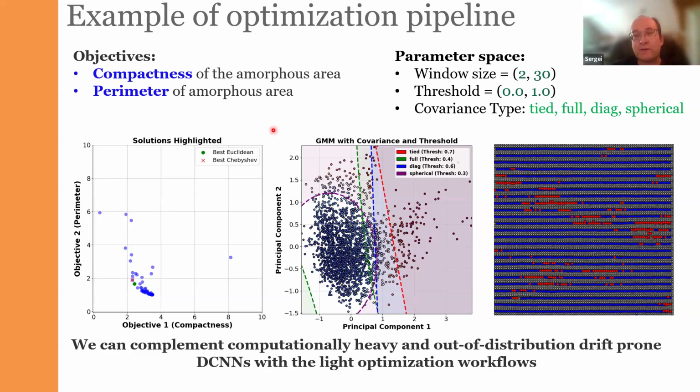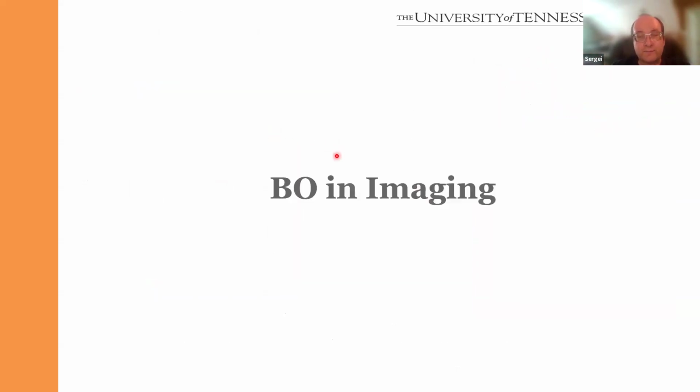Something like 100 is doable, and you can have optimization when some of your parameters are continuous, some are categorical, and so on and so forth. So this is a super powerful part. This is where Bayesian optimization gives you results. The catch: define your objectives. If the objective is defined correctly, things work. If objectives are defined incorrectly, you can have reward hacking, and then things are not going to work out.